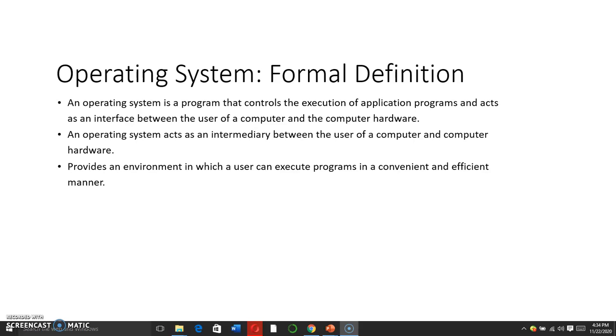An operating system acts as an intermediary between the user of the computer and the computer hardware, kind of similar to the first point. And it provides an environment in which a user can execute programs in a convenient and efficient manner.